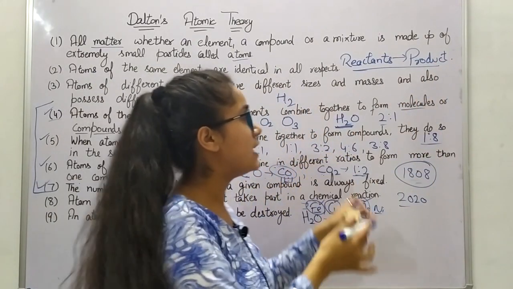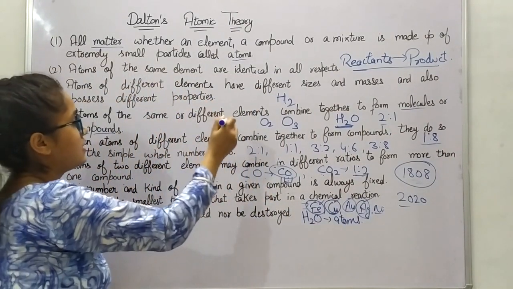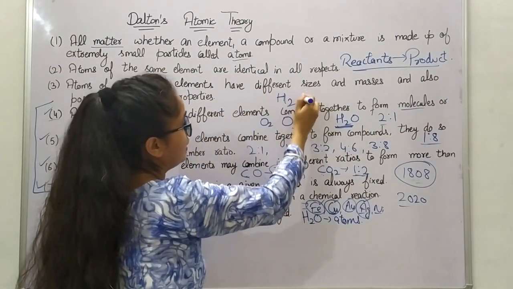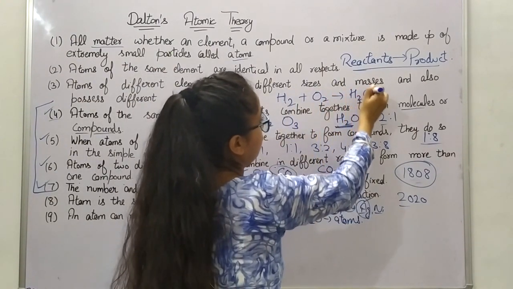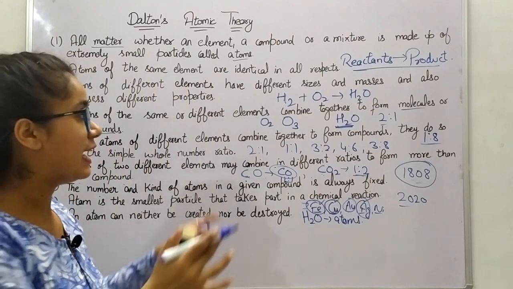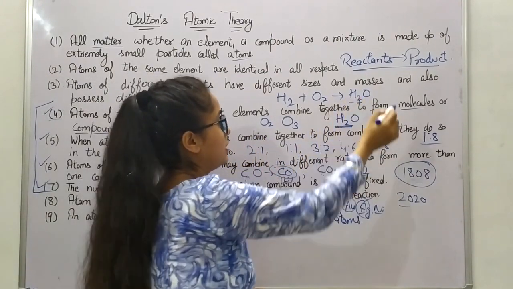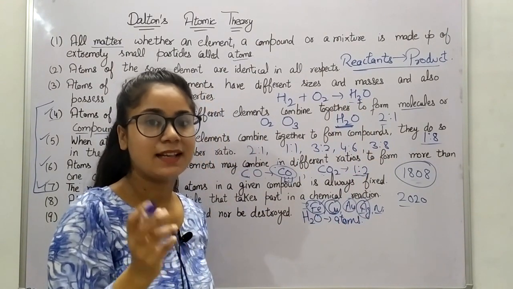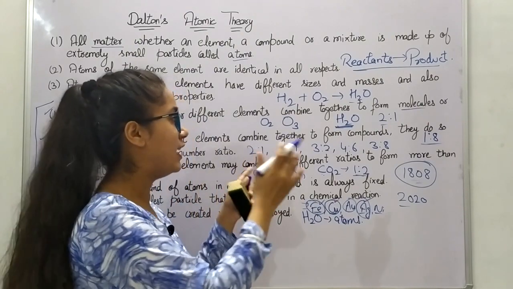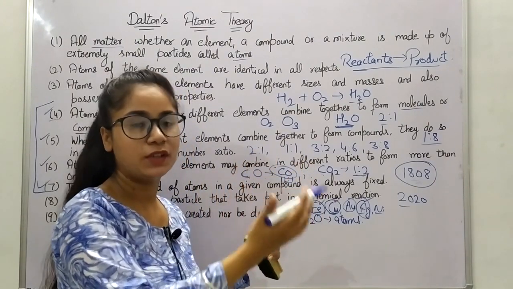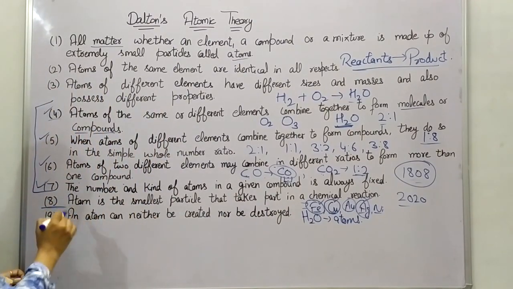But who takes part in this chemical reaction? Atoms. Like I said, you can get water. When atoms of hydrogen and oxygen combine, we get water. But who combined? Atoms. Atoms of different elements combine to form one or more products or compounds, and this explains our 8th point.